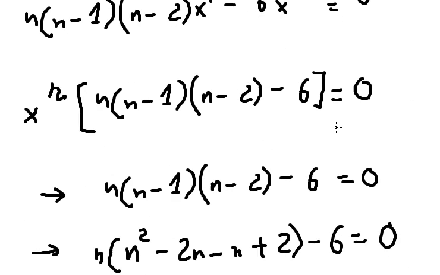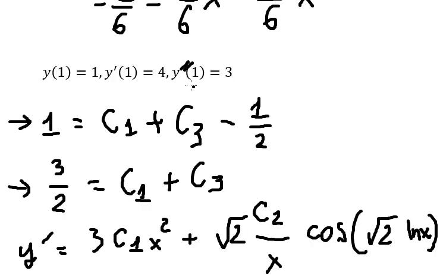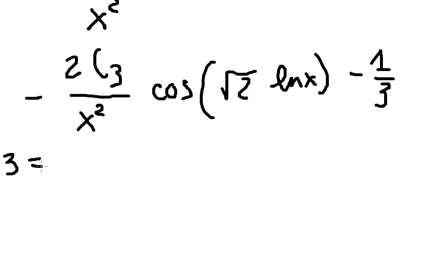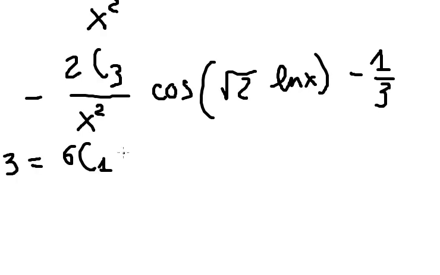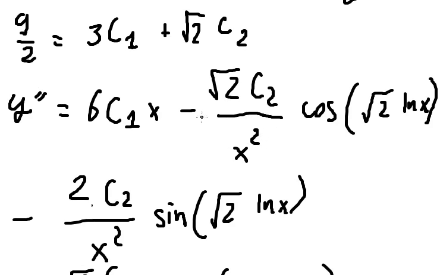Now we have the conditions. If we put x equal to 1, the second derivative of y equals 3. So this one we have 6c1. This one we put 1 going here and here. So we have ln 1, you get 0. Cosine of 0 we have 1. This one we have 1. So this one we have negative the square root of 2 c2.